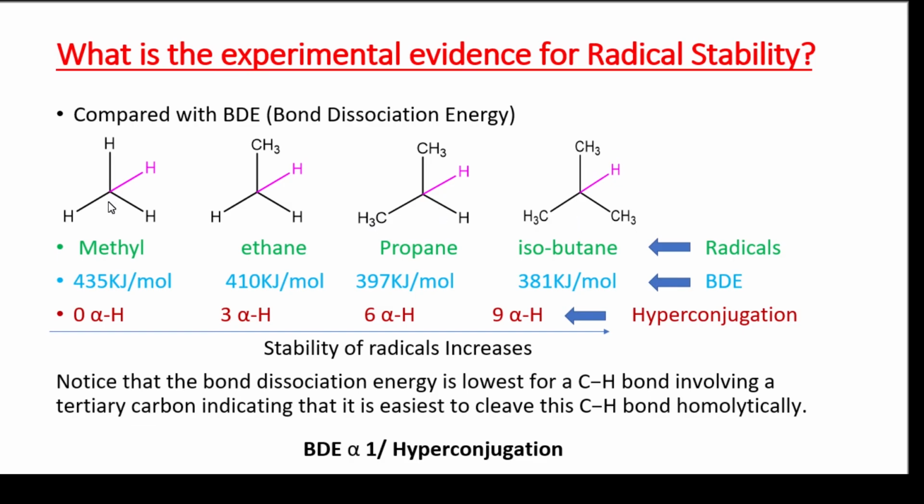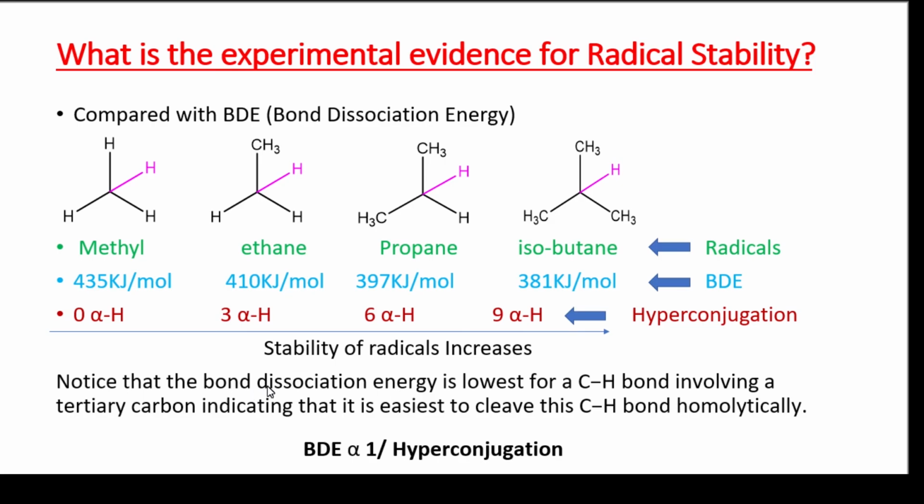But when radicals form, here methyl radical, ethyl radical, propyl radical and isobutyl radical, here there are 0 alpha hydrogens, here 3 alpha hydrogens, here 6 alpha hydrogens, here 9 alpha hydrogens. So an increase in alpha hydrogens means a decrease in bond dissociation energy and an increase in hyperconjugation structures. Both are inversely related. So what is the conclusion here? The stability of a radical increases as hyperconjugation increases.